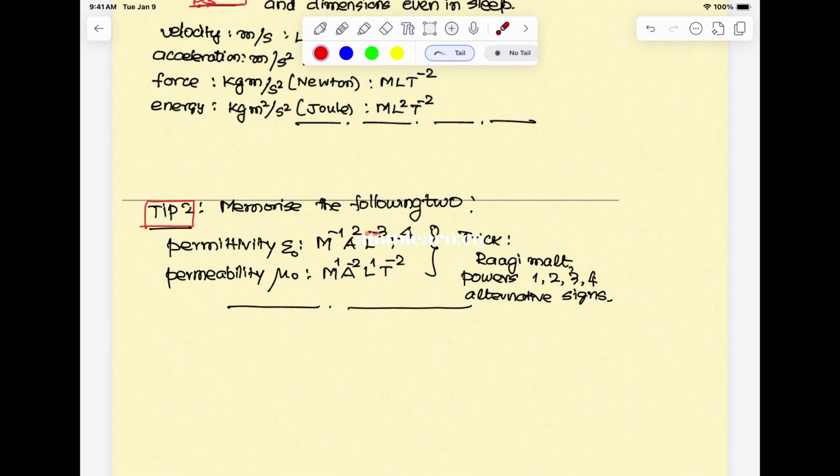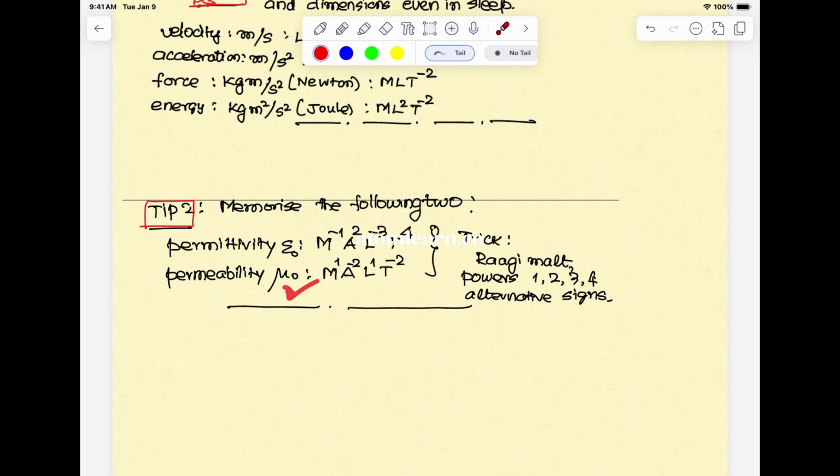Plus you don't have to write. Then another minus, another plus. I just repeat the trick: MALT, powers 1, 2, 3, 4, and then signs for the powers minus plus minus plus. Now this is the dimensional formula for epsilon naught.